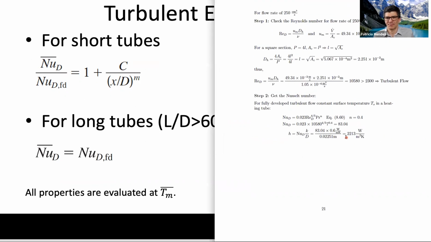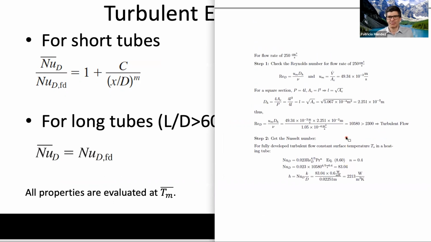So what we have just done looks like just going through formulas, but let's keep in mind what we have done. We calculated the heat exchange, the convection coefficient for a round pipe that was in laminar flow or turbulent flow.